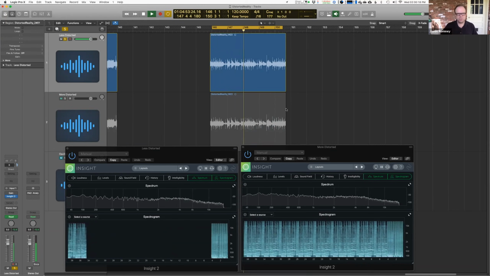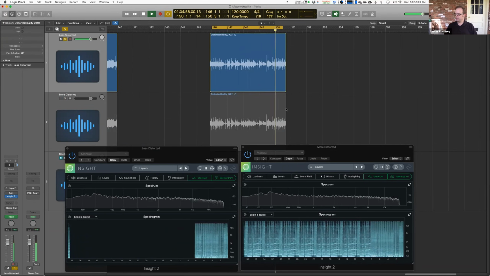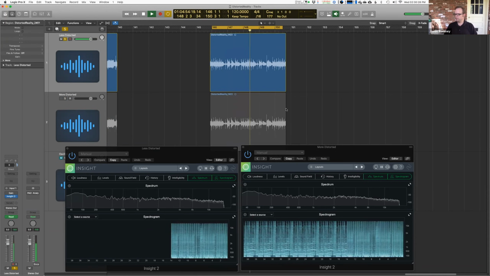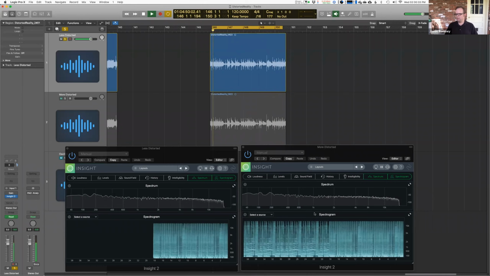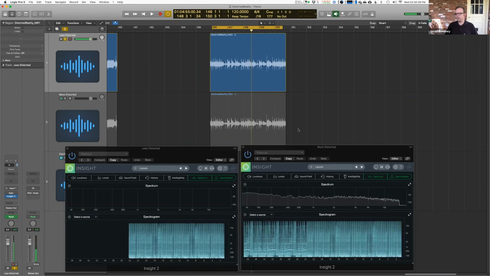There's that awful distorted guitar again that I hate. Okay, I can't see any difference between these two sets of graphs.